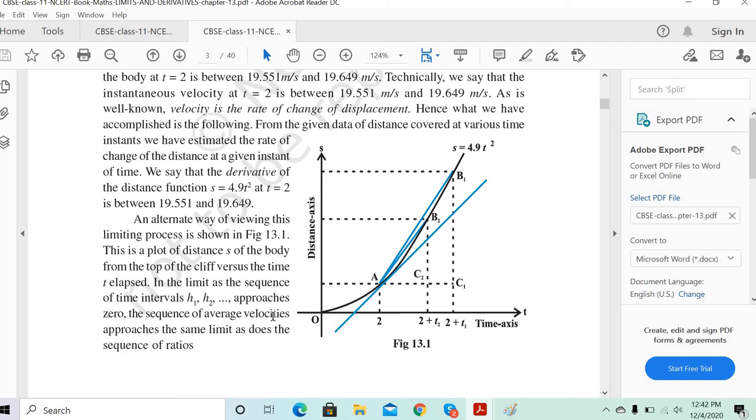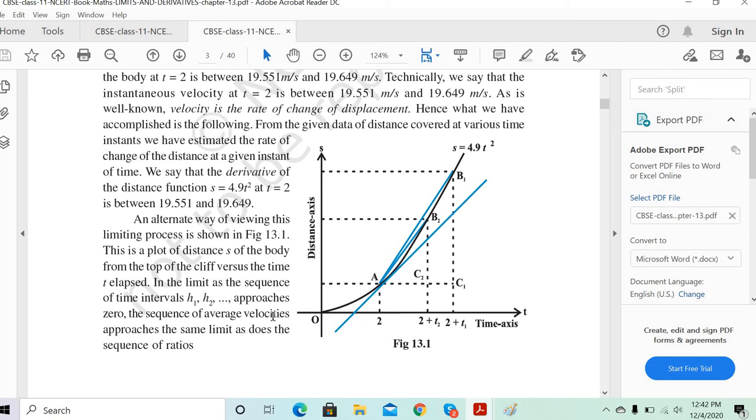Now, as we come closer to the 2 seconds, you see a single blue line which touches only at one point, that is A. That's not a secant, that becomes a tangent.